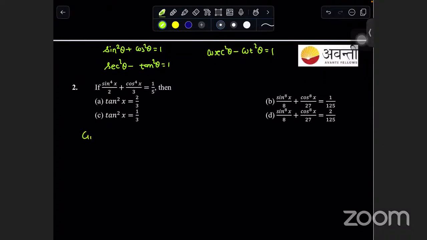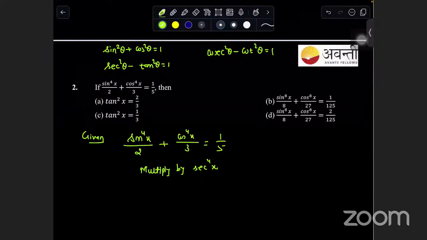So the given is, see very carefully, sine to the power 4x upon 2 plus cos to the power 4x upon 3 is 1 by 5. Now multiply this entire equation by secant to the power 4x.